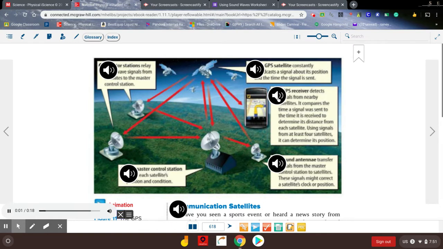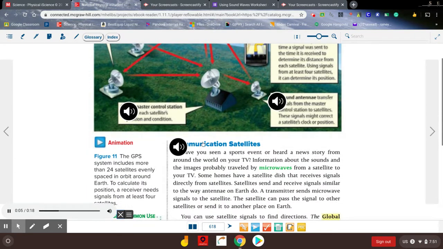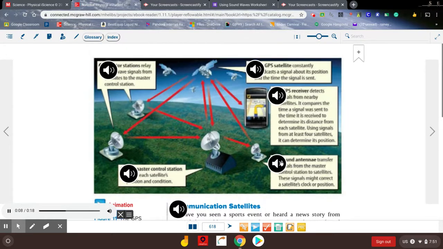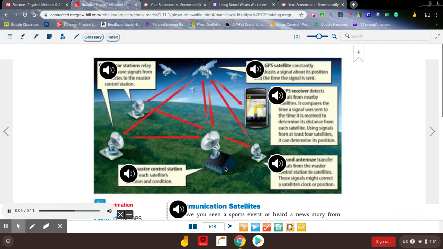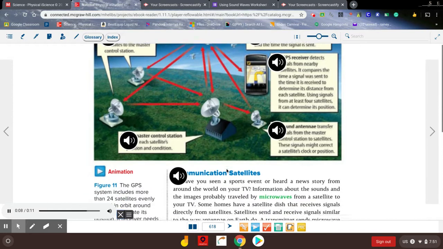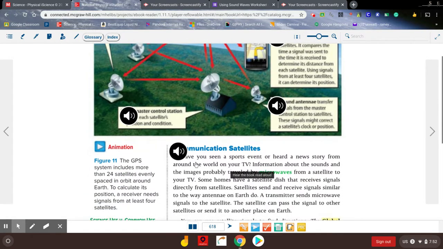Number 5. A GPS receiver detects signals from nearby satellites. It compares the time a signal was sent to the time it is received to determine its distance from each satellite. Number 3. Ground antennae transfer signals from the master control station to satellites. These signals might correct a satellite's clock or position.